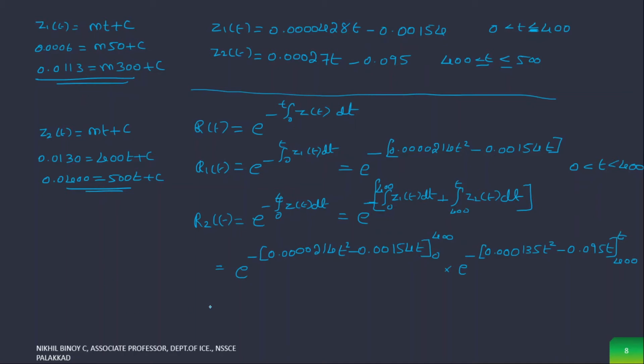If you apply the limits 400 and 0, the value of the first exponential term is 0.0603, into exponential of minus, now substitute t here, 0.0000135 t square minus 0.095 t, minus, now substitute 400, we get plus 16.4.